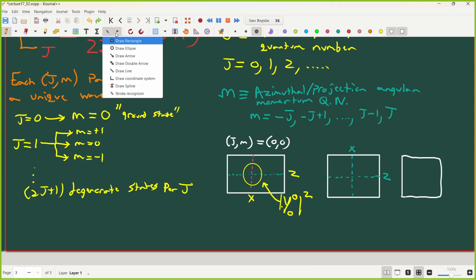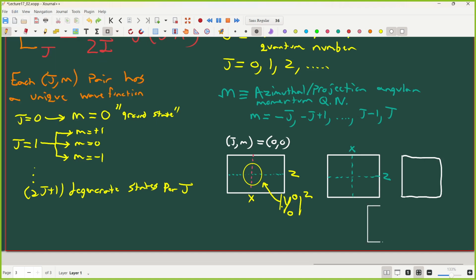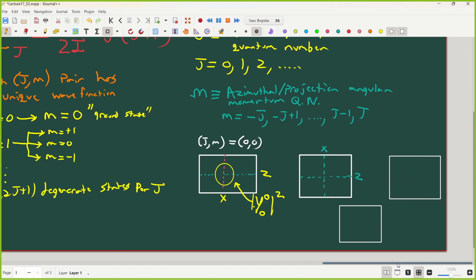Let me just do one more box. Let me make these boxes pretty. I'm sorry. All right, so this is J equals 1. We'll call this M equals -1, M equals 0, and M equals +1.